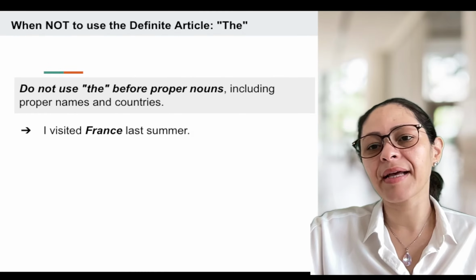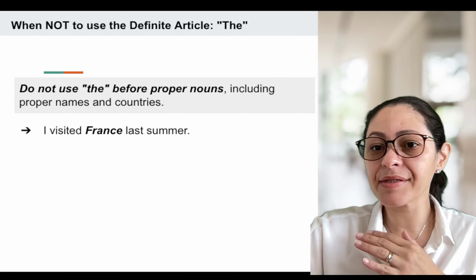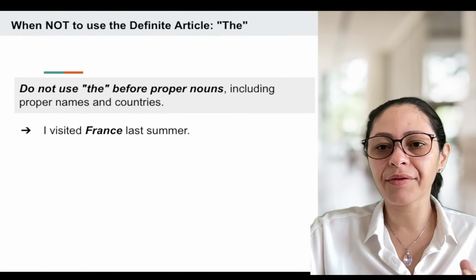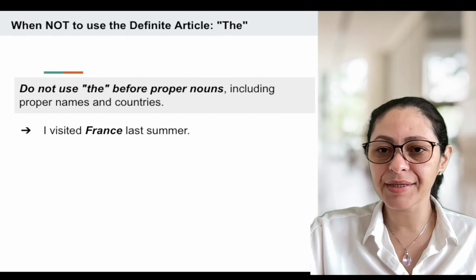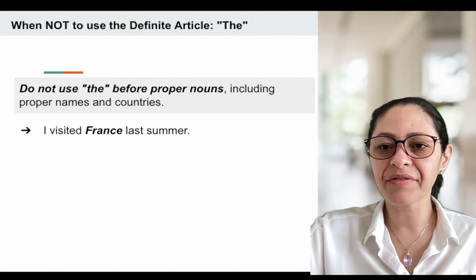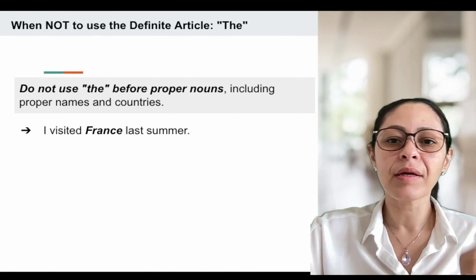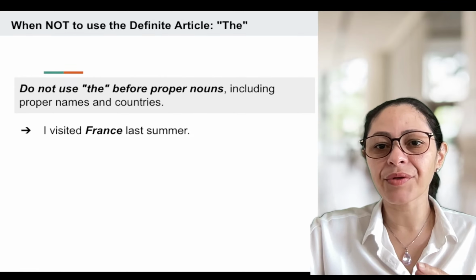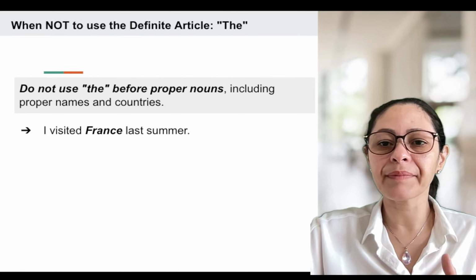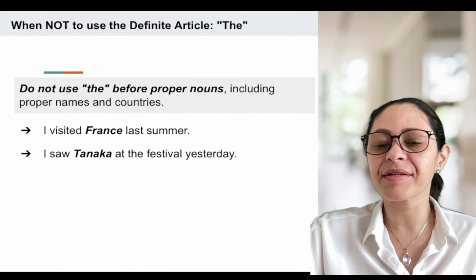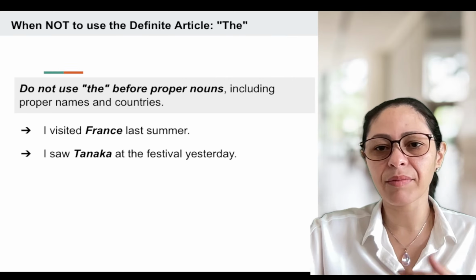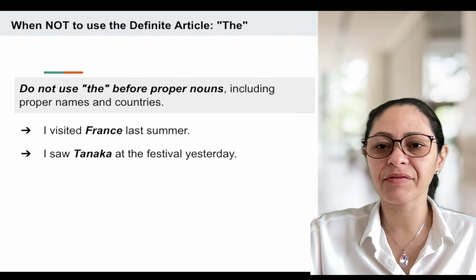I visited France last summer. Another example, I live in Japan, but I am from Brazil. Just the names of the countries. As I said before, we also don't use it before proper names. Look at this. I saw Tanaka at the festival yesterday. Just a name.